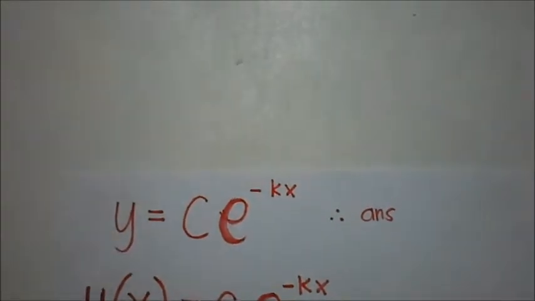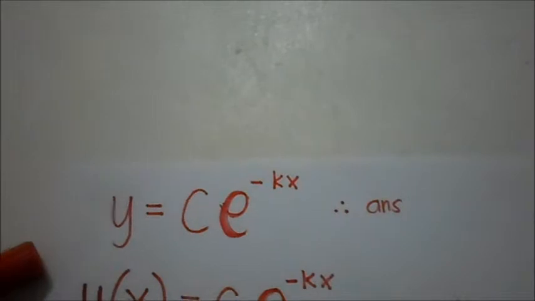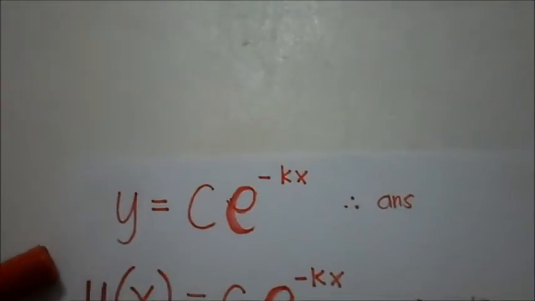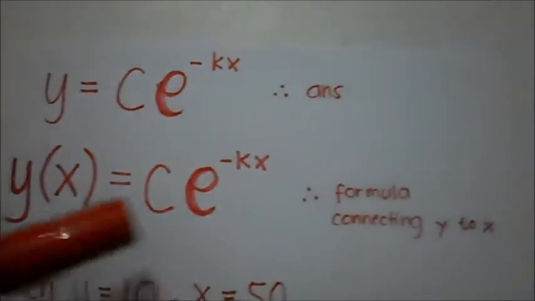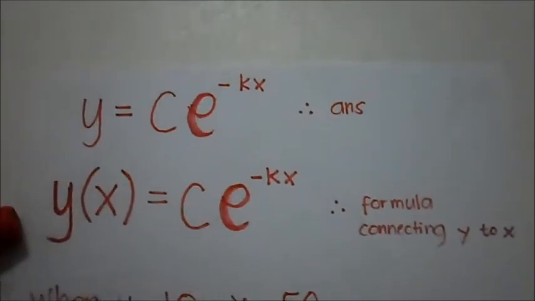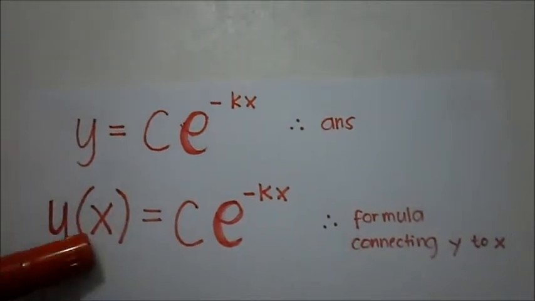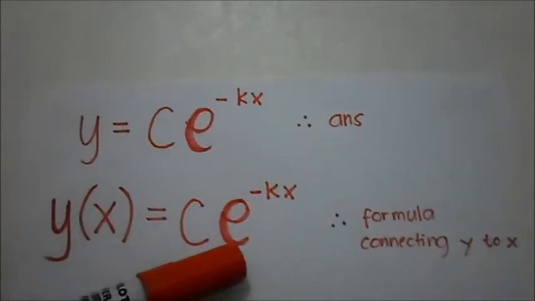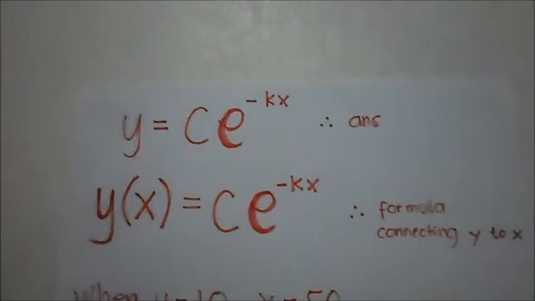What is asked in the problem is the formula connecting the intensity with the depth. So the formula connecting y to x, y as a function of x, is equal to c times e raised to the power of negative kx.